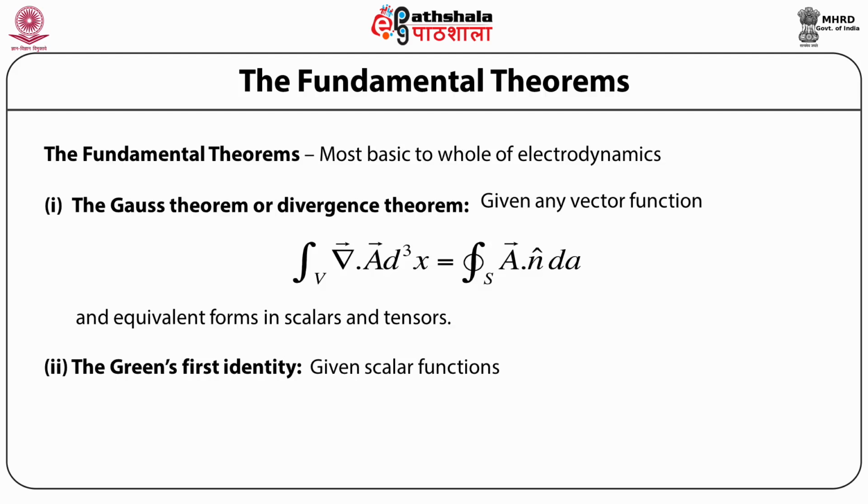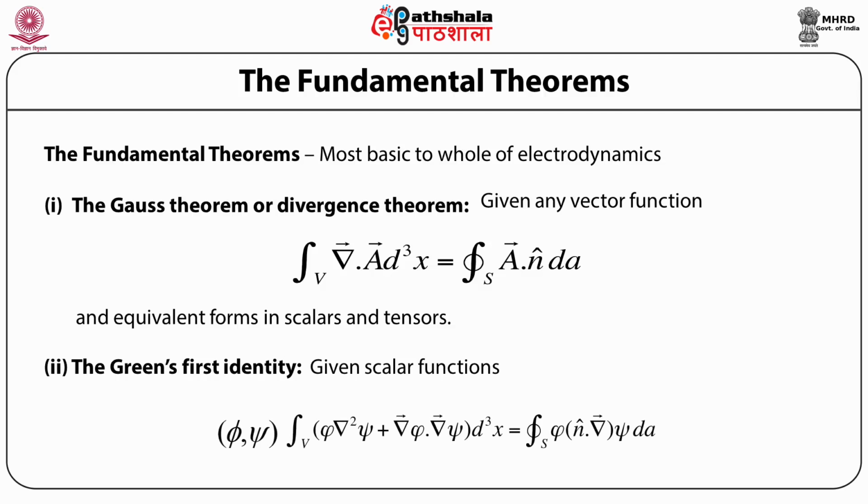If we have two scalar functions phi and psi, then the volume integral over d cube x of (phi times the Laplacian of psi plus gradient of phi dot gradient of psi) is equal to the closed surface integral over S of dA acting on phi times (n dot del) psi, where the unit vector n is the unit normal of the surface area element dA and del is the gradient operator as defined earlier.